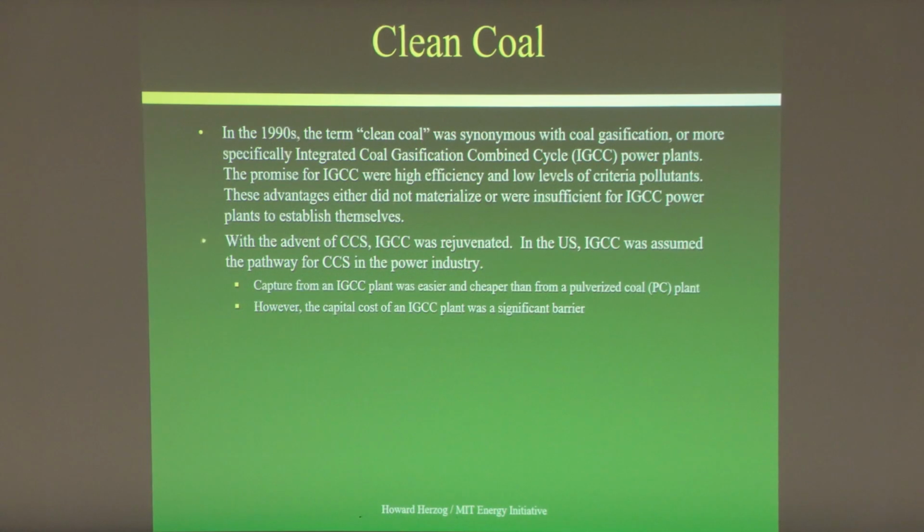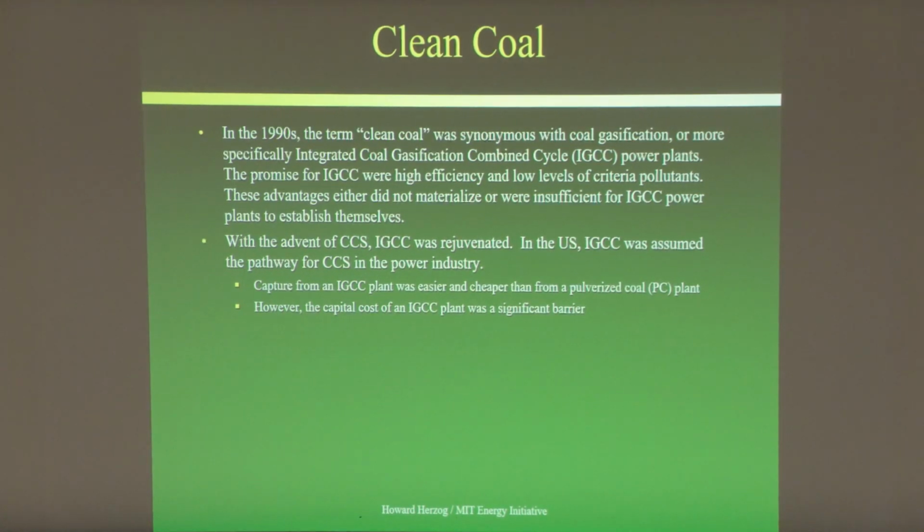Then when CCS was involved, and also on the criteria pollutants, the technology got better on pulverized coal plants. So even though it's cheaper to get rid of the criteria pollutants on these plants, it just wasn't a big enough difference to justify the extra cost of the IGCC plant.